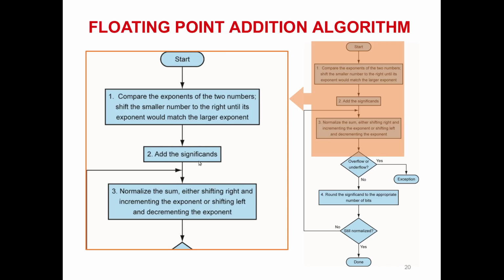After that, we add the significand parts together. After that, we need to normalize the sum, either by shifting to the right and incrementing the exponent of the result, or we shift the result to the left and decrease the exponent.